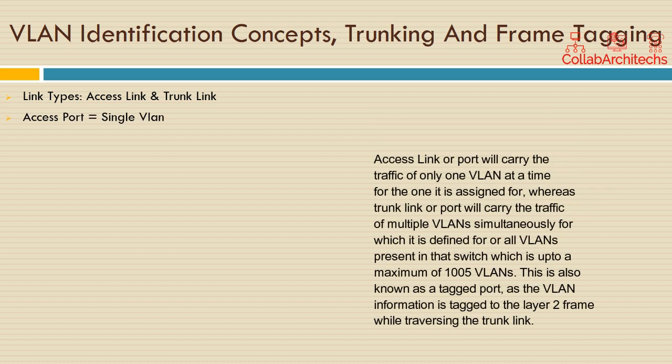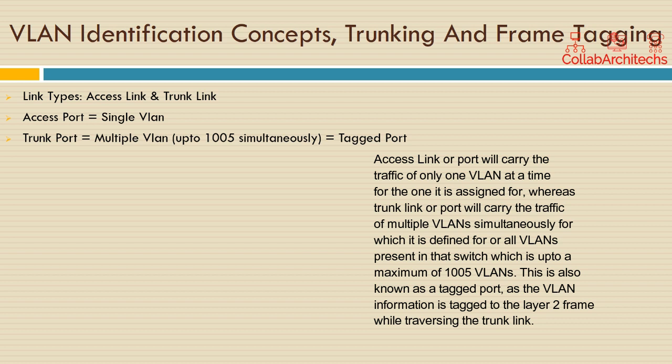An access link or port will carry the traffic of only one VLAN at a time, the one it is assigned for. Whereas a trunk link or port will carry the traffic of multiple VLANs simultaneously for which it is defined, or all VLANs present in that switch, which is up to a maximum of 1005 VLANs.